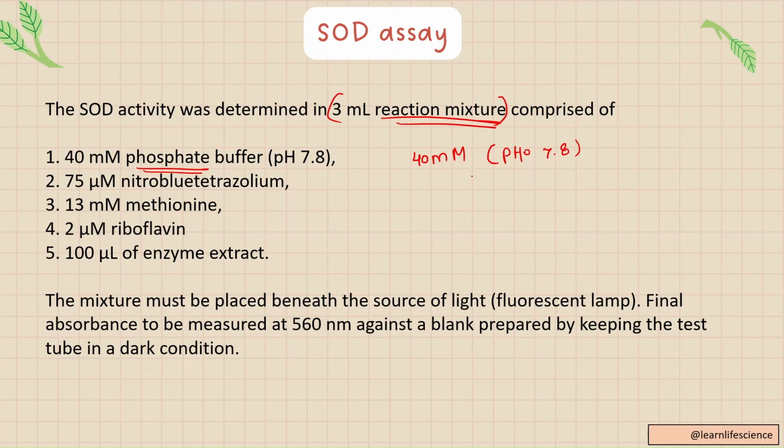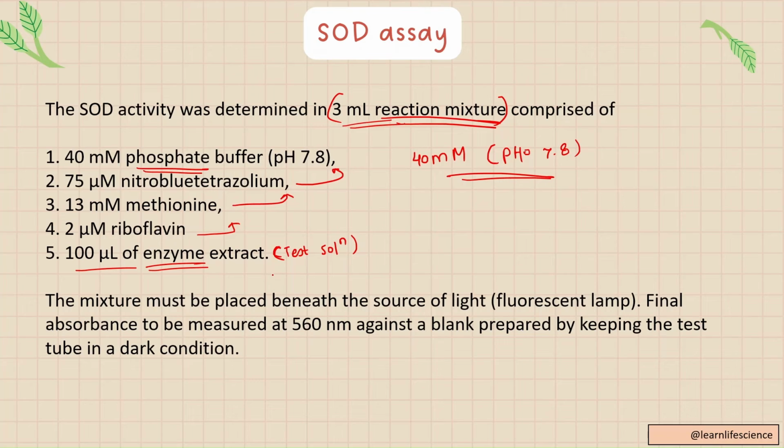In this phosphate buffer you are going to add 75 micromolar nitro blue tetrazolium, then 13 millimolar methionine, then 2 micromolar riboflavin, and finally 100 micromolar of enzyme extract or the test solution whose enzyme activity you are targeting. In this way, this is going to be a reaction mixture. You will have to take 3 ml of this reaction mixture.